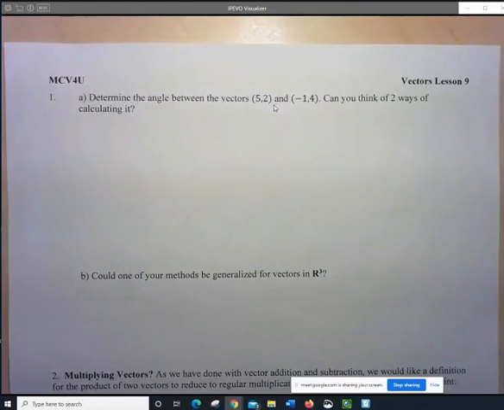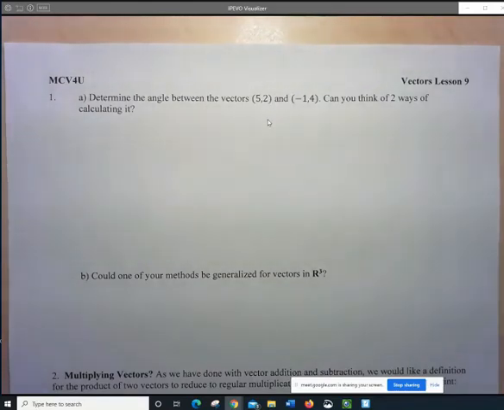Even if eventually we upgrade all of this to 3 dimensions, and even if we don't want to define the direction of a vector using those 3 direction angles, we'd probably still be interested in the angle between 2 vectors, okay? Especially if 2 forces are being applied to an object, you want to be able to determine what the angle between the vectors is, even if they are defined algebraically.